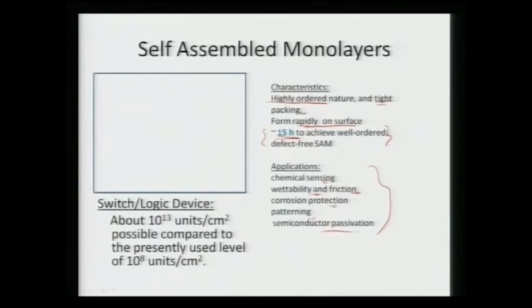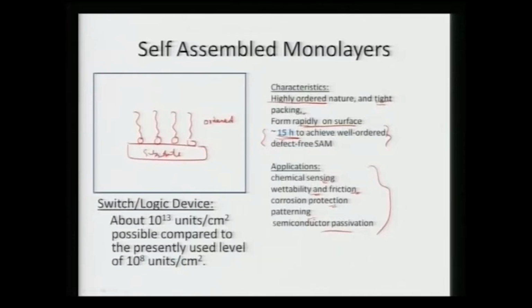So, in a self-assembled monolayer we have a substrate, and that substrate is covered with certain head groups, and there is a tail region, and they go on to become much more ordered.